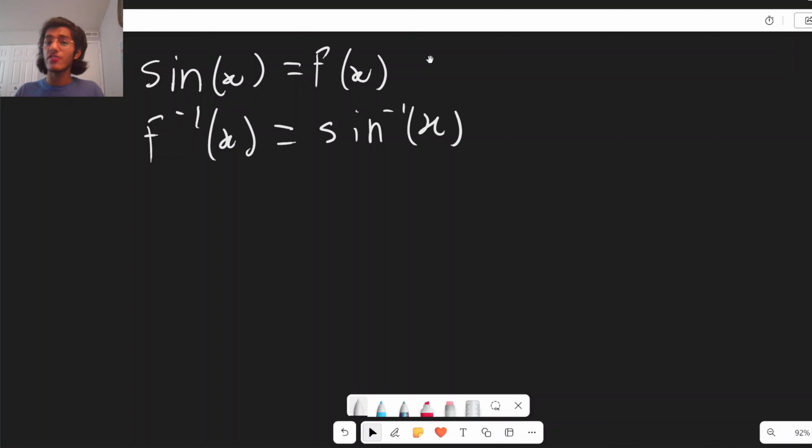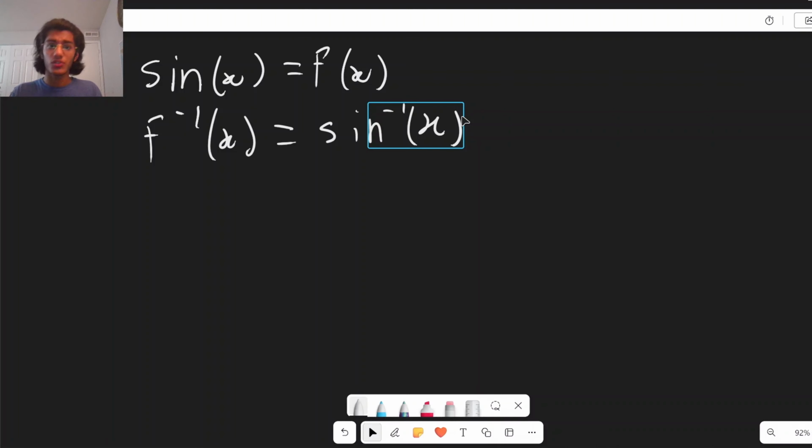Now, what the inverse means is that instead of putting in a degree or a radian, some angle measure, we are instead going to put in a ratio or some point on the unit circle, and this sine inverse is going to spit out some angle measure, whether that be in degrees or radians.